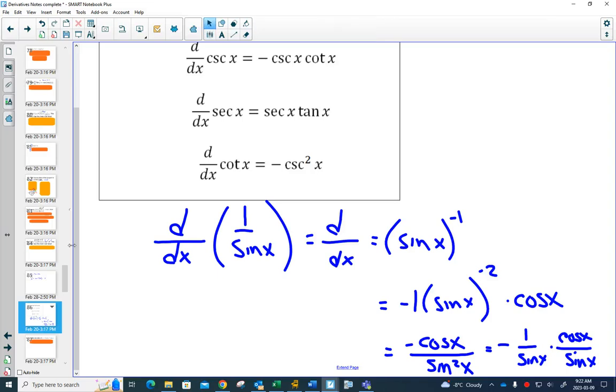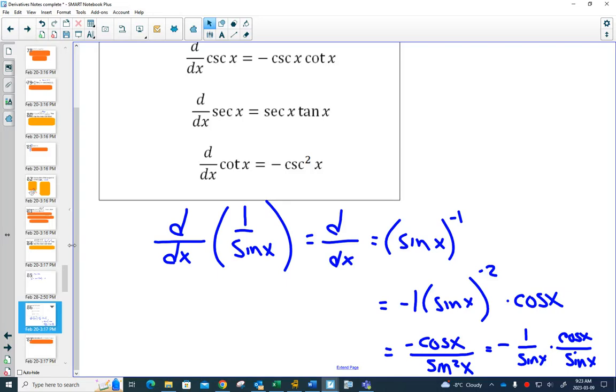So if I had the derivative of cosecant and I didn't want to remember this and do it directly, I could do it indirectly by changing it to sine. Same thing, secant, you could change it to 1 over cos and do it in a different way. If you had left your derivative like this, as negative 1 sine x to the negative 2 cos x, that's perfectly fine. It means the same thing.